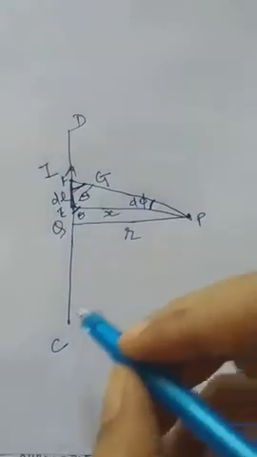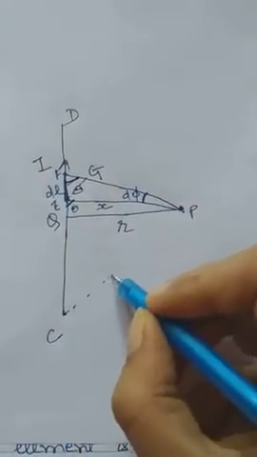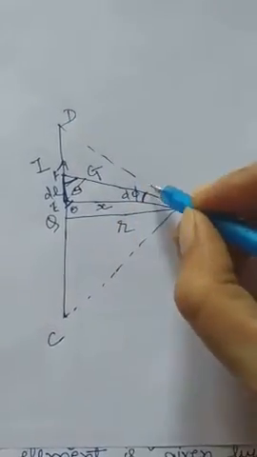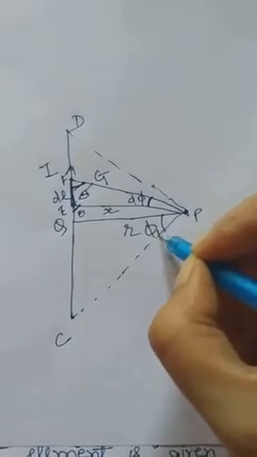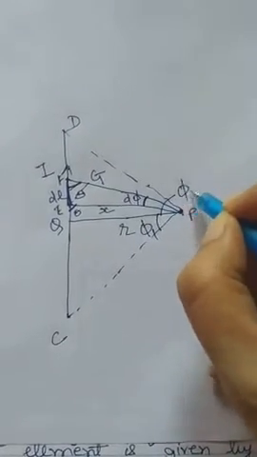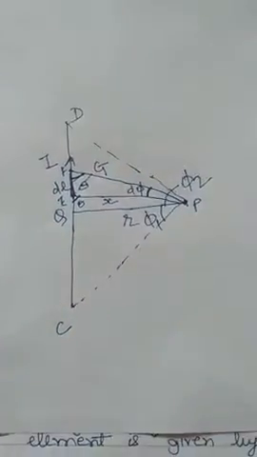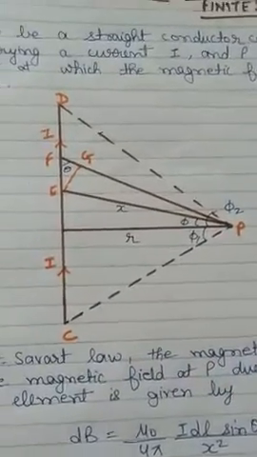Clear? Now join this point and this point to the point P. Show it by a dotted line. Take this angle as phi 1 and this whole angle as phi 2. Now your figure is complete. I hope this figure is now clear to you all. So this is the diagram that I had drawn.